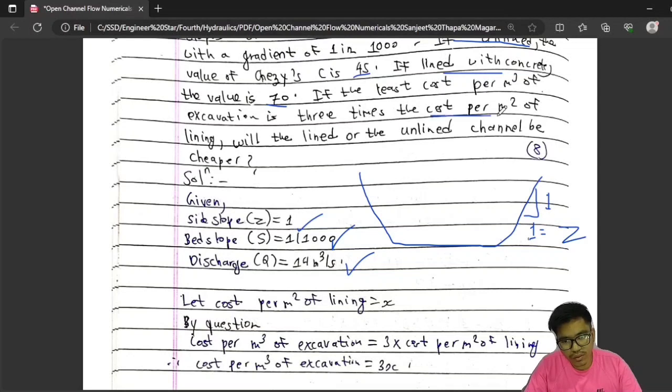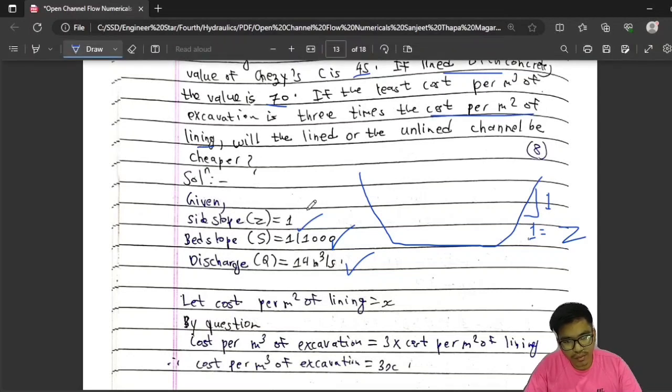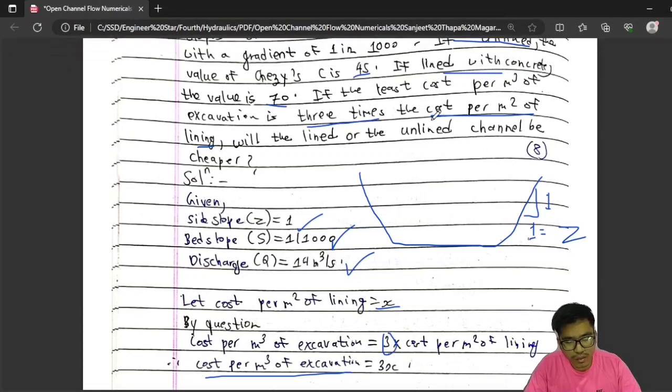Let the cost per meter square of lining, whose value is not given, be X, and the cost per meter cube of excavation is 3 times the cost per meter square of lining, which is 3X.